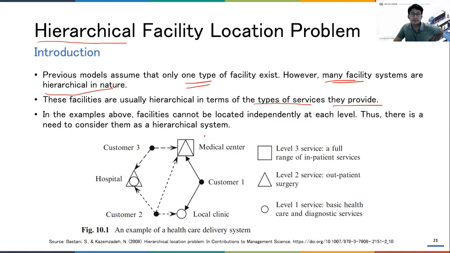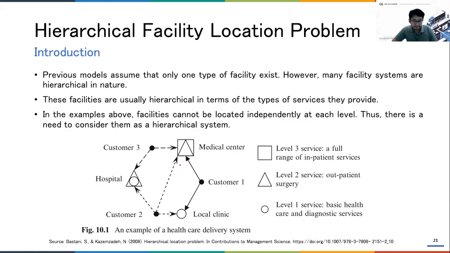For example, a medical center, a facility that provides medical treatment for patients. We may have a hospital, a medical center, or a local clinic. All of those facilities can provide medical service for the customer, the patient.